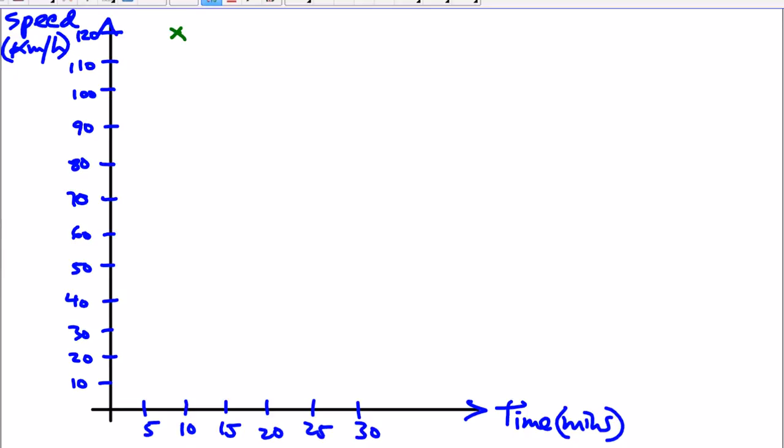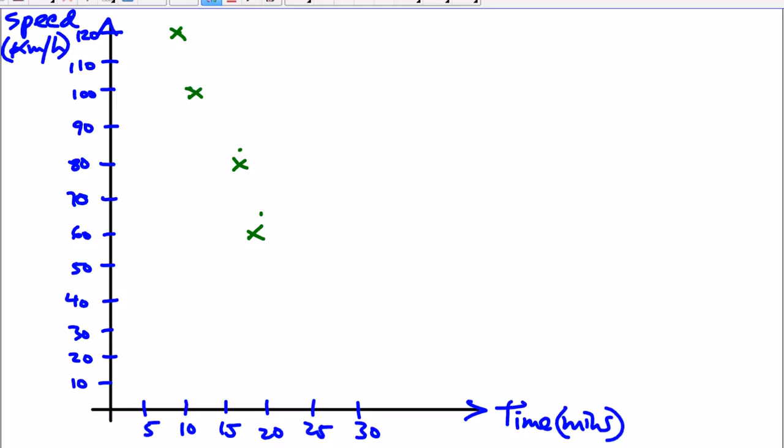So 12 is around there. 100, so somewhere there. And then we have 15, 80 kilometers. Somewhere there. And then 20, 60. Somewhere there.